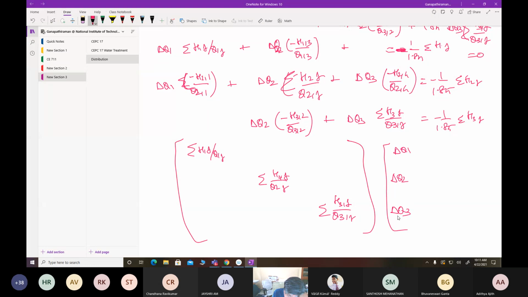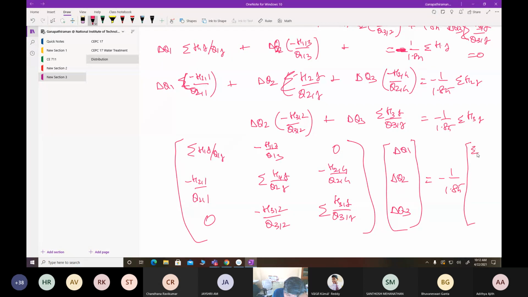Minus H13 by Q13, 0, minus H21 by Q21, minus H24 by Q24, 0, minus H32 by Q32, is equal to minus 1 by 1.85 times sigma of H1J, sigma of H2J, sigma of H3J. Is it okay for you now? Yes, sir.